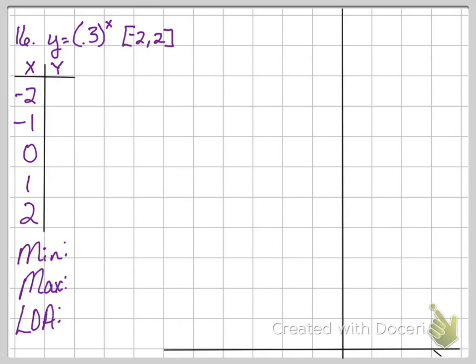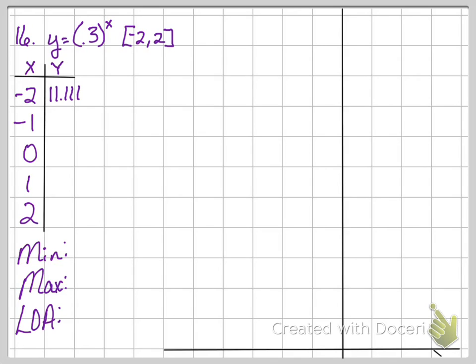Okay, so we've made ourselves a little t-chart here, and we're going to work out the y values for each of the x values. So when x is -2, that means I have 0.3 to the -2, and when I put that in my calculator, it gives me 11. Oops, let me back that out. There we go.